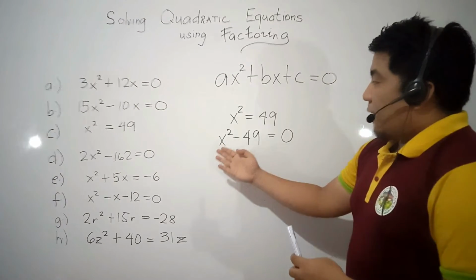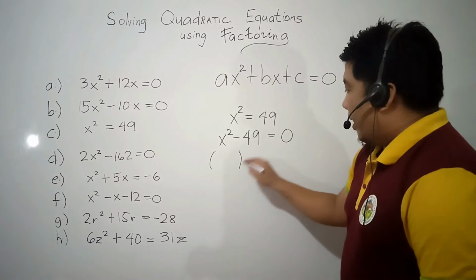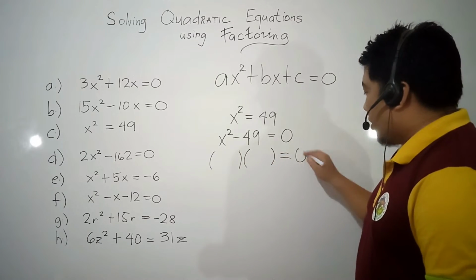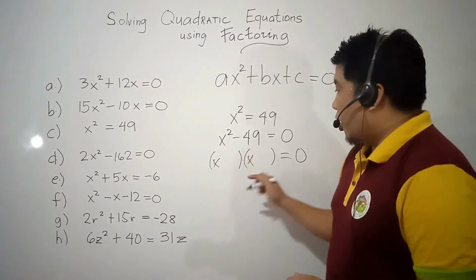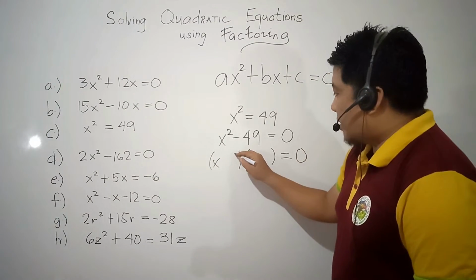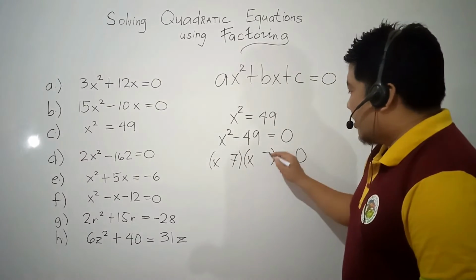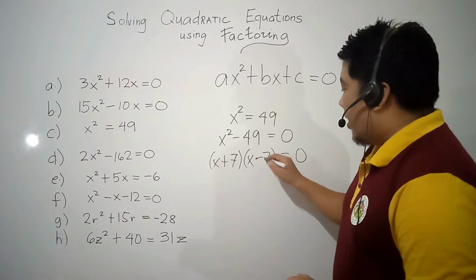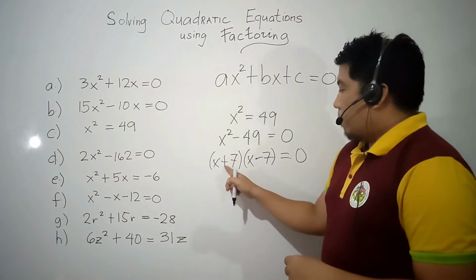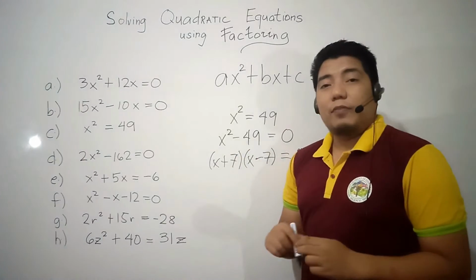So the difference of two squares can be factored by making two quantities equal to 0. You factor the first, x and x. You factor the last, that is 7 and 7. Then since this is negative, you just put positive and negative here because positive times negative is negative 49.